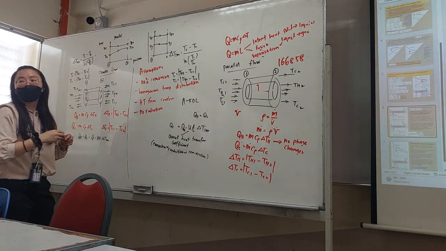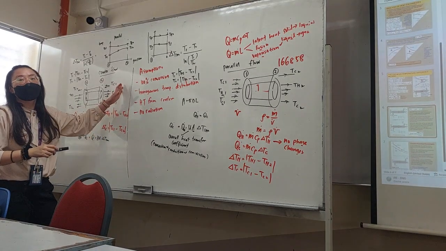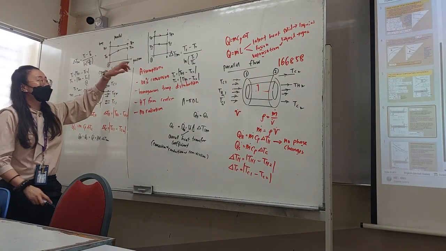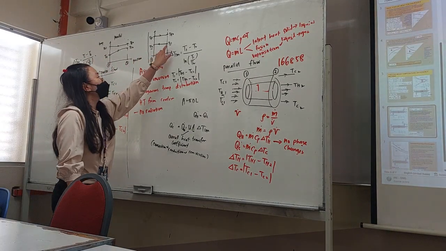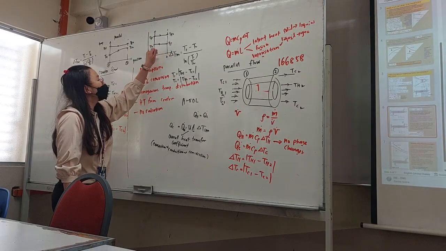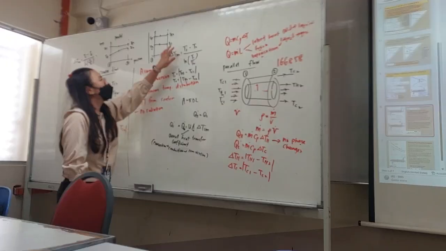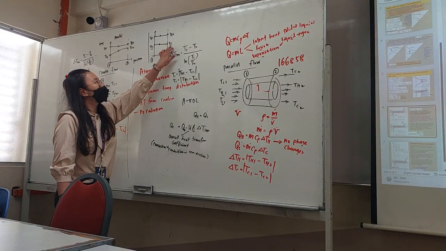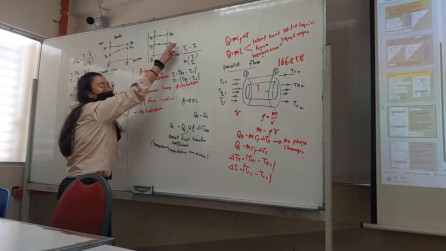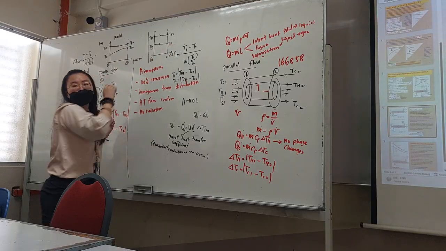For sure this one will come up in the final exam. I think it is very simple for you to score, so you need to know the values here. I noticed some of you in your report used this as TC1 and this as TC2. No, this is C1, this is C2.